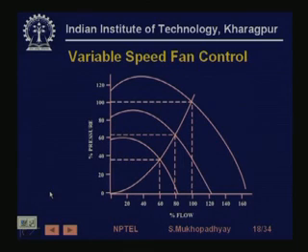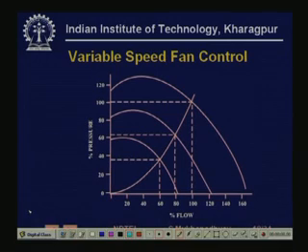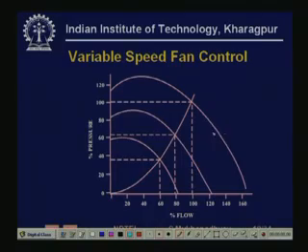So, we see this variable speed fan control. Now, if you want to reduce the speed, we are not going to put any damper or any valve. In other words, the characteristic of the system remains unchanged. Now, we are changing the speed of the fan, so the fan characteristic shifts.